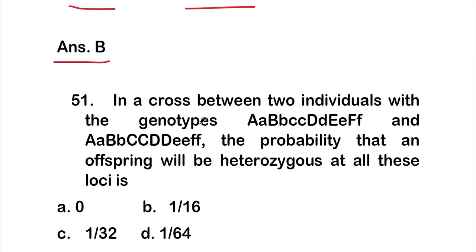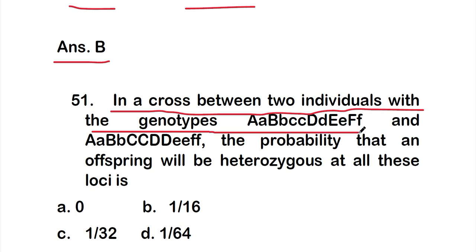So next question we will see. Next is in a cross between two individuals with the genotypes capital S small a, capital B small c, capital D small d, capital E small e, capital F small f, and capital S small a, capital B capital C, capital D small d, small f small f.